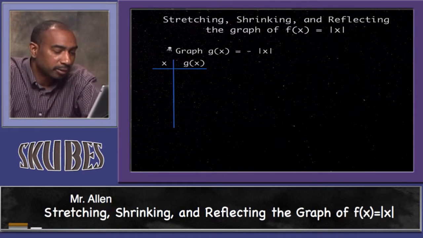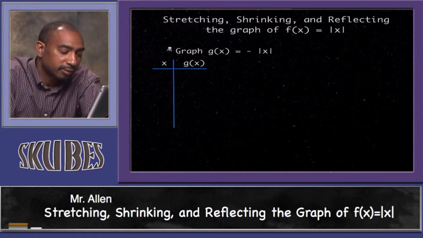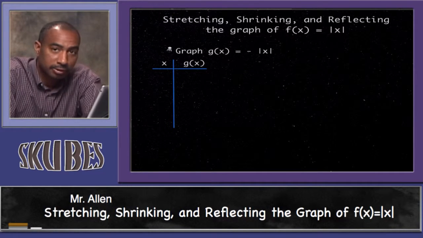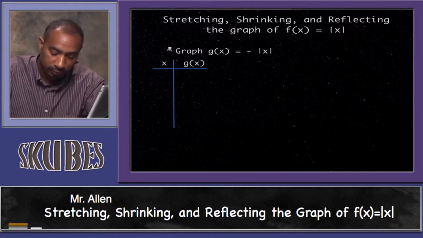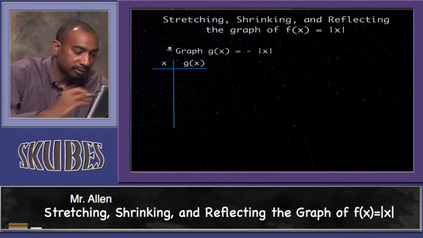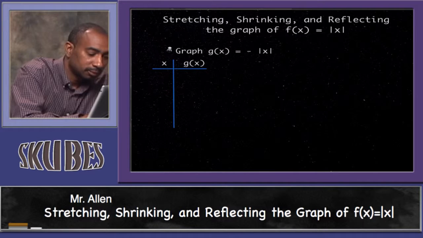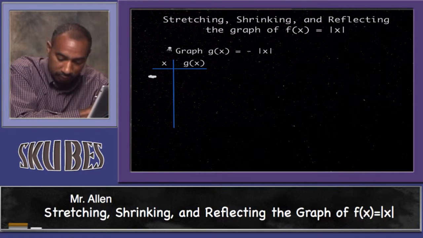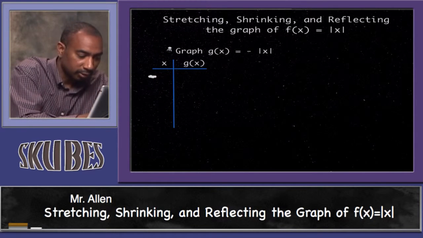All right, what happens when there's a negative in front of the absolute value of x? We're just going to change the sign. Let's say I have negative 1.